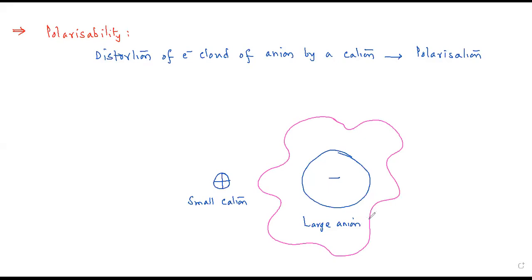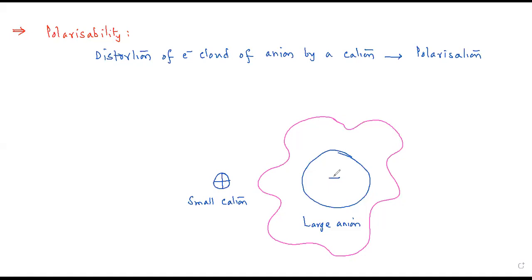Being larger in size, the nucleus of the anion cannot hold its valence electrons strongly. So the cation, which is small, which has great attraction over its valence electrons, of course, not only on its valence electrons, but it will now also have attraction over the electrons of the anion.